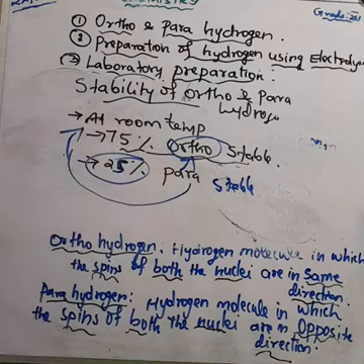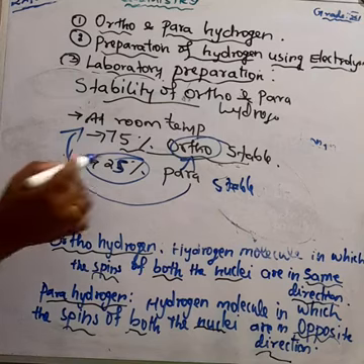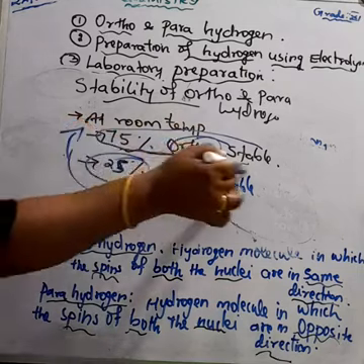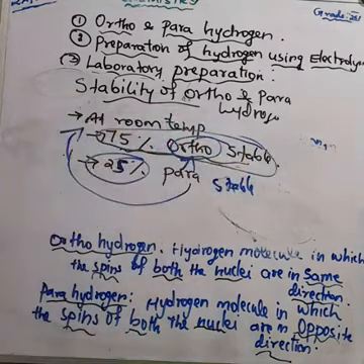Understood? So here, what is the stable form? More than 75% orthohydrogen is stable, but parahydrogen is not stable.